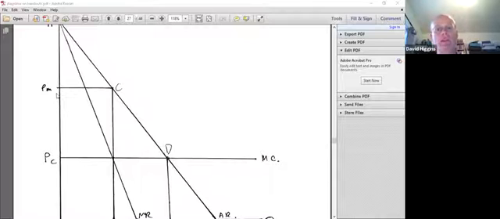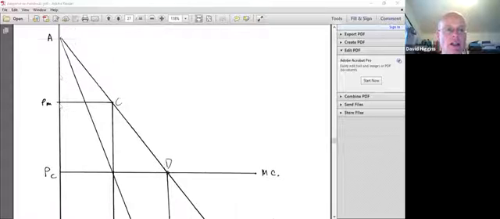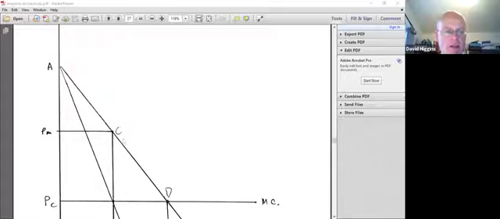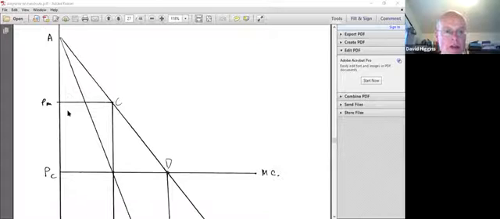That gives us a standard result that if you're comparing a monopoly with a competitive industry, we have deadweight loss shown by the triangle C, D, and to this point here. Consumer surplus under the monopoly is A, C, PM, whereas under the competitive industry, it was A, D, PC.